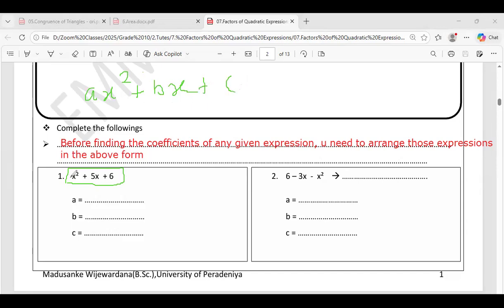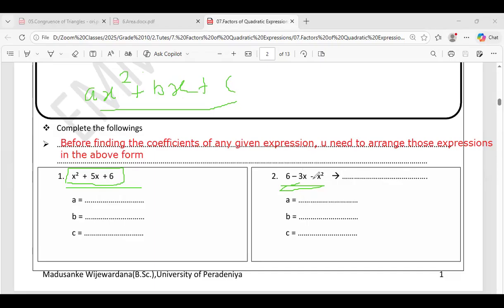But here it is different. Each and every term has been jumbled. This is not in the form of ax squared plus bx plus c. We have to arrange it, change the terms, or change the locations of these terms.